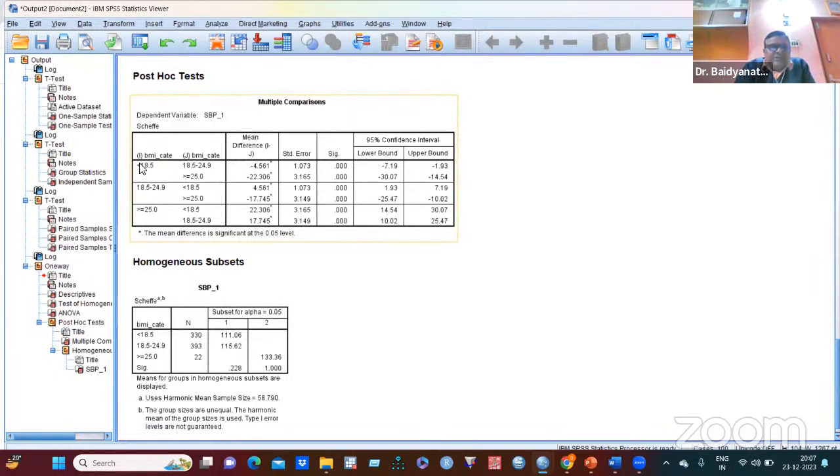So there are 3 groups of BMI: group 1, BMI less than 18.5, group 2, 18.5 to 24.9, and group 3, greater than or equal to 25. And the mean differences are here. For the first group, the mean difference from this to this is here, and this to this mean difference is here. Similarly this way.